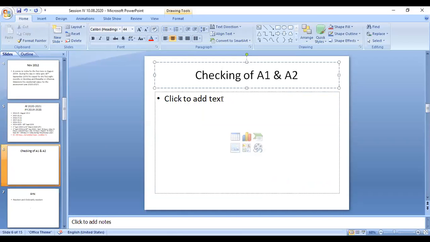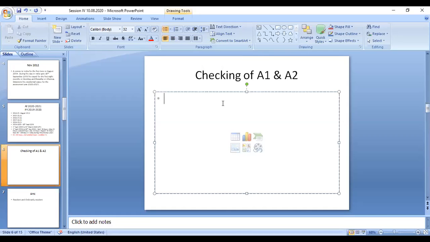Before that we have to understand what additional condition one is. In the additional condition, out of the 10 previous years, in 2 previous years he must be resident in India. So what are the resident rules?